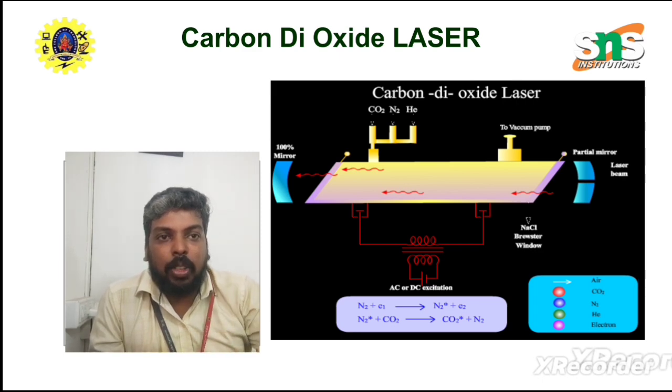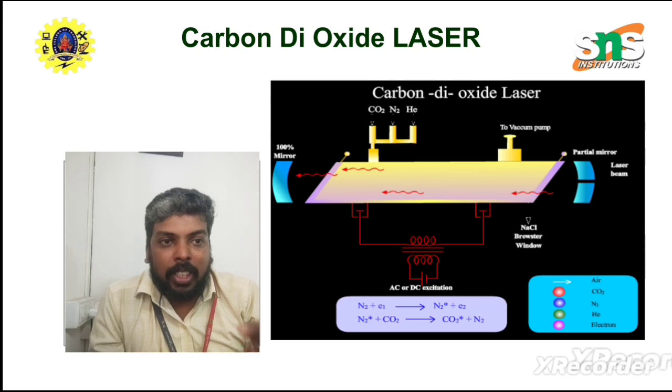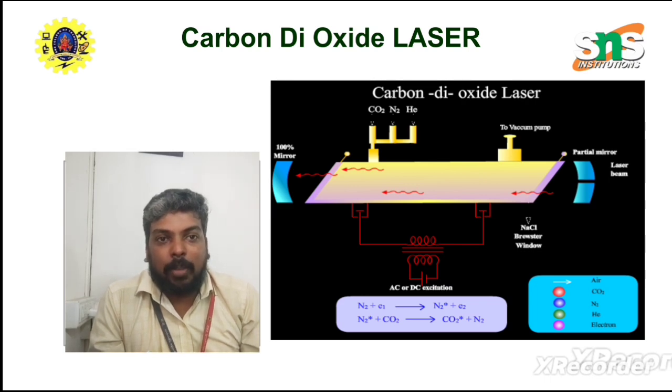First the nitrogen gets excited by energy from the electrons emitted from the electric discharge. The star indicates that nitrogen first gets excited and transfers the energy to the carbon dioxide molecules. Then carbon dioxide gets excited and emits the radiation.